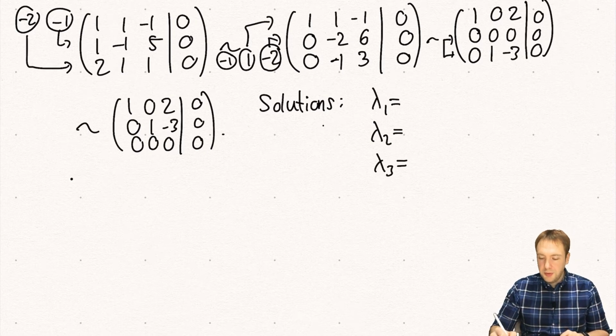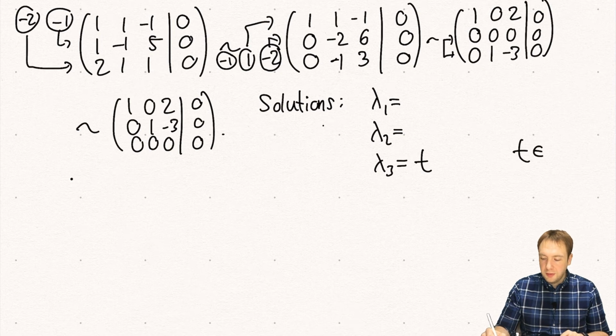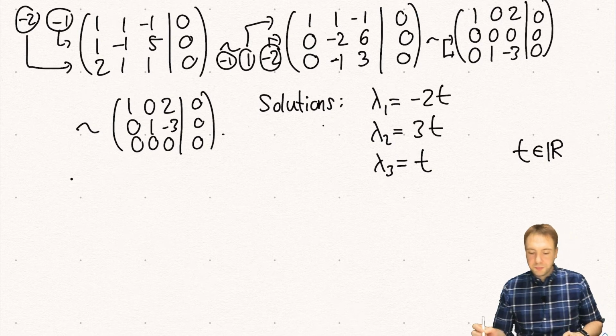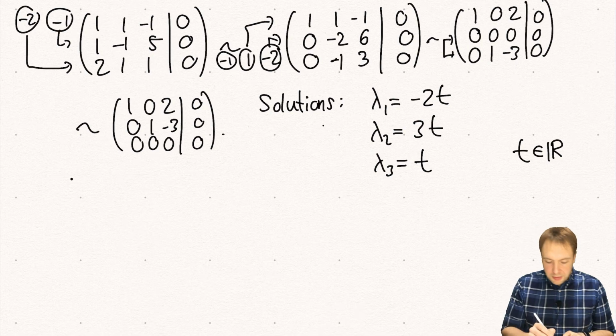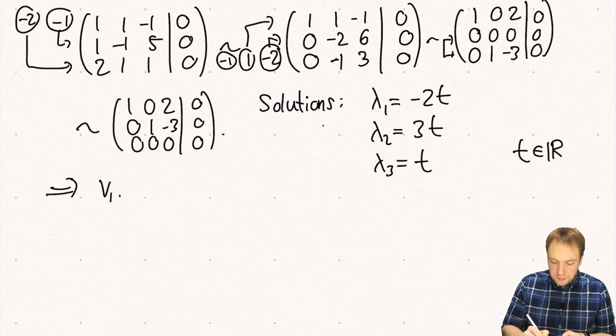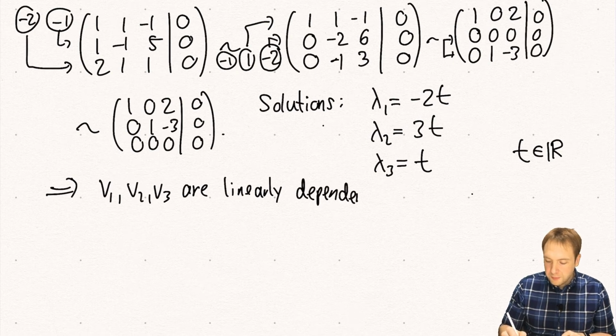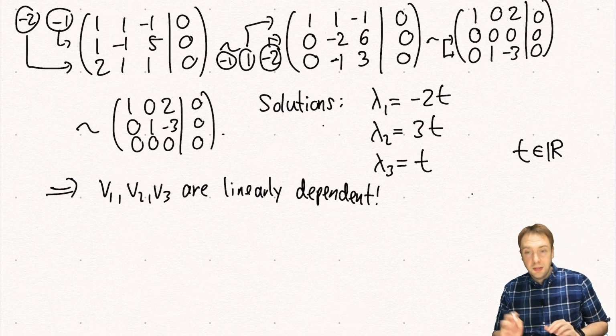So the lambda 3 is our free variable, let's say it's t, and here it's plus 3 times t, so 3t, and here it's minus 2 times t. So in particular, these vectors are linearly dependent. So they are not linearly independent.